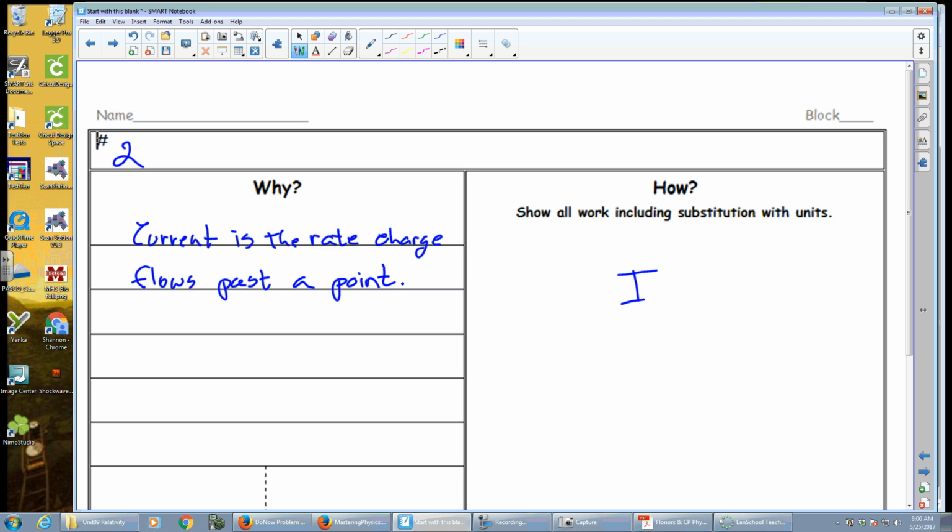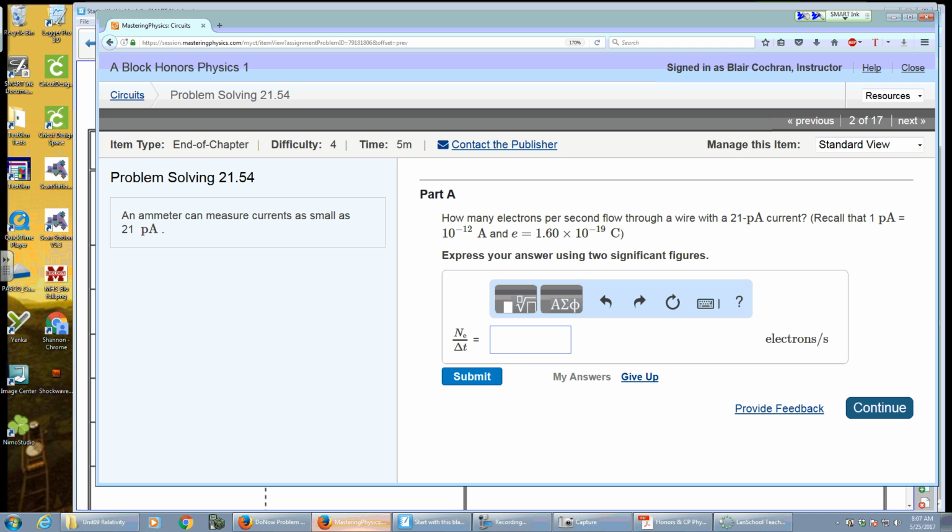So current being a rate is delta T, and so it's delta Q, the amount of charge, the rate the charge is passing. All right? And we know, I think mine was 21 picoamps, if I remember correctly, yeah. And they want to know how many electrons per second pass through the wire.